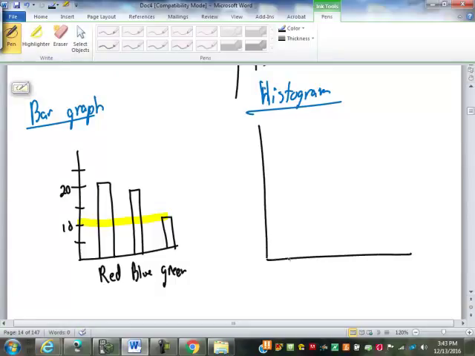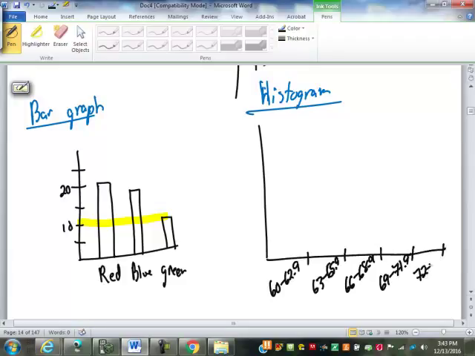Now over here, instead of having colors down here, this is going to be the 60 to 62.9, 63 to 65.9, 66 to 68.9, 69 to 71.9, and 72 to 74.9.